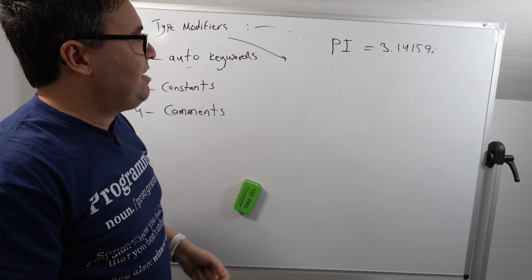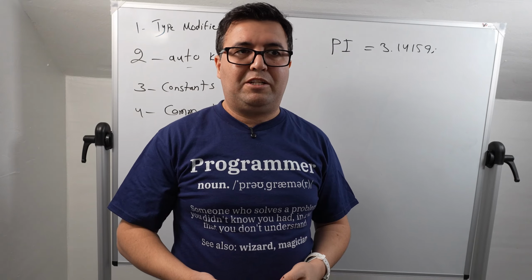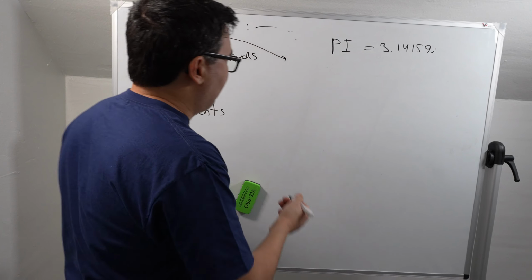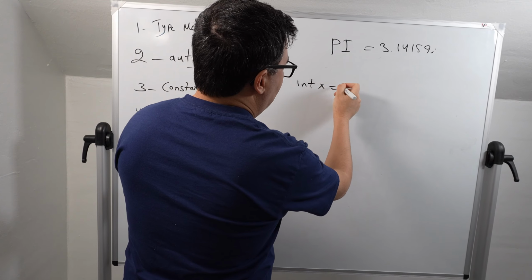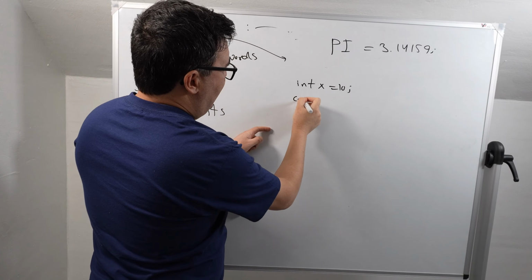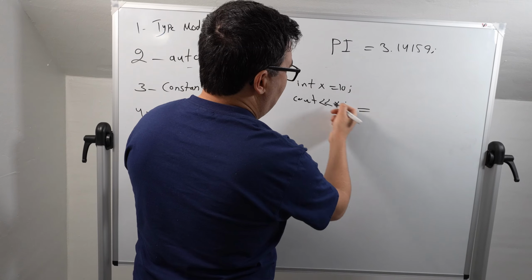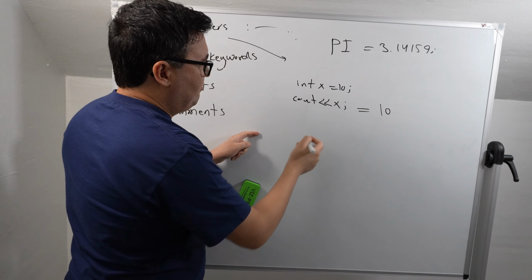In this case, if we define a variable, as the name suggests, variable, it means the value of a variable can be changed during the program. Like if I have here int x equal to 10, I can say cout x. Now here on the screen we will see 10, but we can change the value.